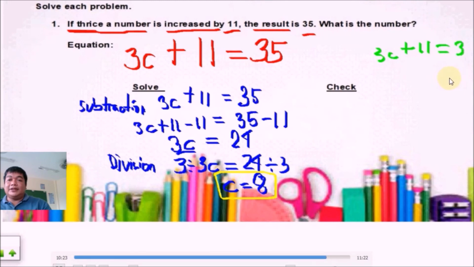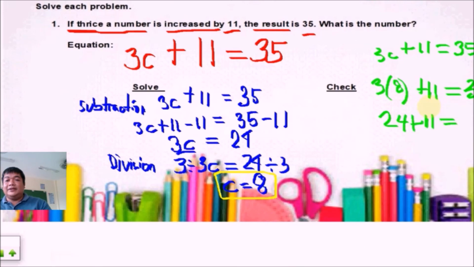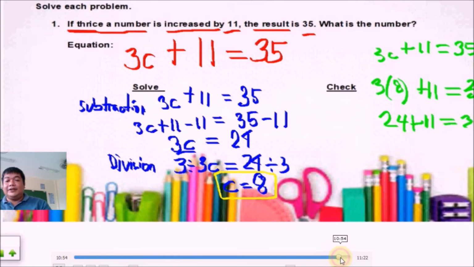So 3 times 8 plus 11 equals 35. 8 times 3 is 24, plus 11 is 35. So 24 plus 11 is 35, equal to 35.